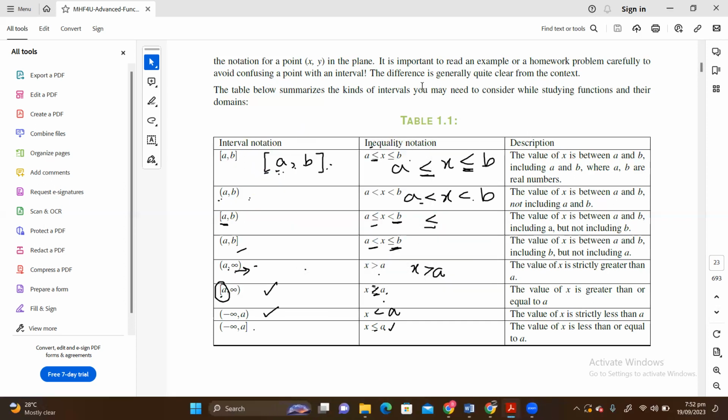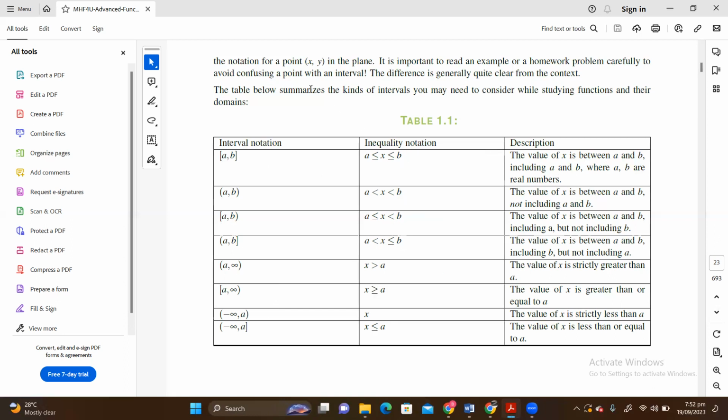Now, the value of x is between a and b, including a and b. See what they are saying. The value of x is between a and b, but in this bracket, they're not including a. The value of x is between a and b, including a, but not including b. In the next one, it's including b but not including a.